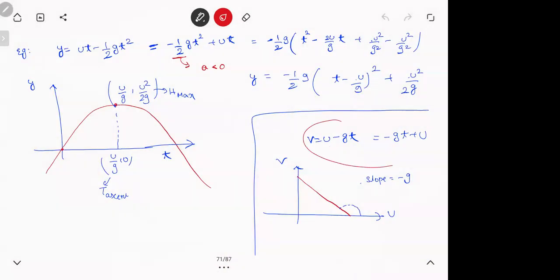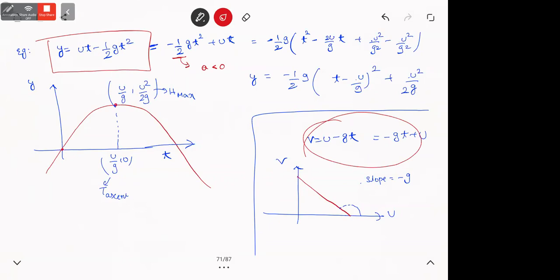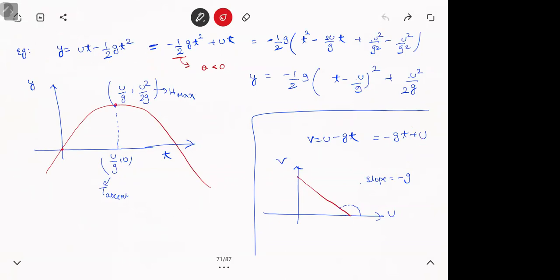Dekho, v is equal to u minus gt. This also I gave as an example. y is ut minus half gt square. See, there we showed this was the graph. It's a parabola, an inverted parabola, a downward parabola. Are you guys getting this? You can refer to this part in the parabola section of your notes.